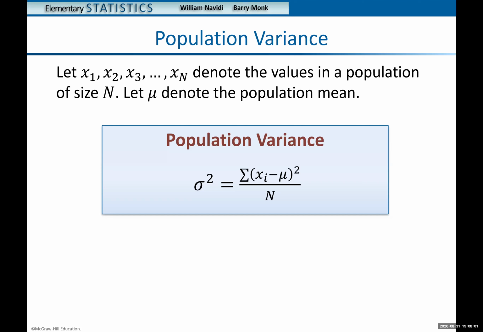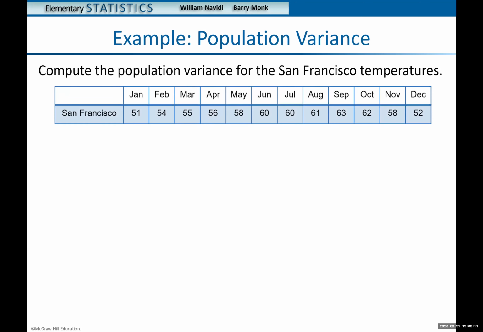But if you have the graphing calculator, you don't need to memorize the formulas. All you have to do is the shortcut that I showed you earlier, Stat Calc 1. So like for an example here, compute the population variance. All you have to do is just enter all these 12 numbers.